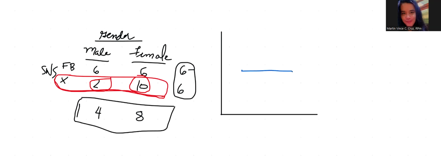So blue stands for FB, while ang X, let's use green. So here, 2 and N. No?